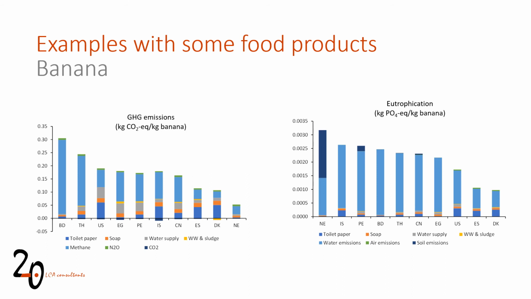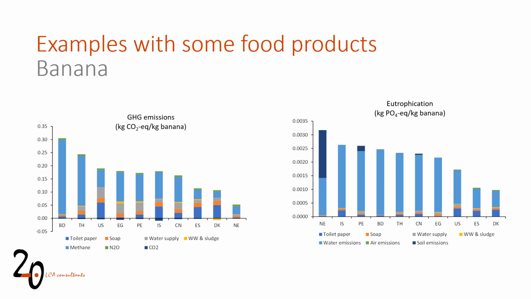We are ranking the countries from high to low impact, and you can see that both the highest and lowest ranking countries in greenhouse gases are developing countries, and that most of the impact in greenhouse gases is related to methane. This is methane generated especially in open stagnant sewers in developing countries.